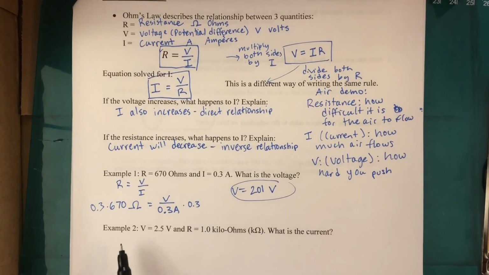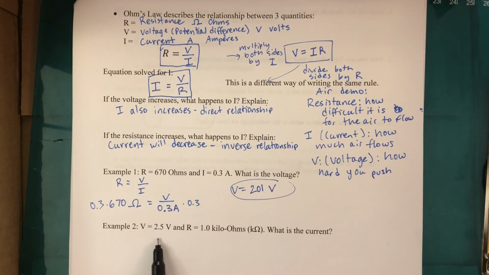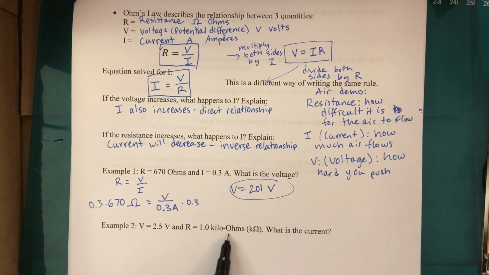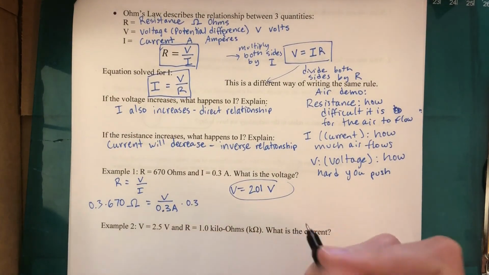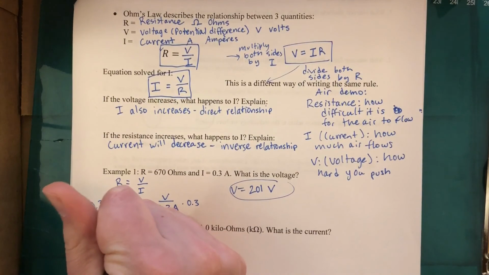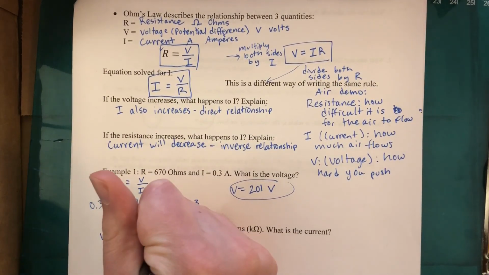Okay. Example 2. V equals 2.5 volts and R equals 1 kiloohm. And we're looking for the current. So V is 2.5 volts.